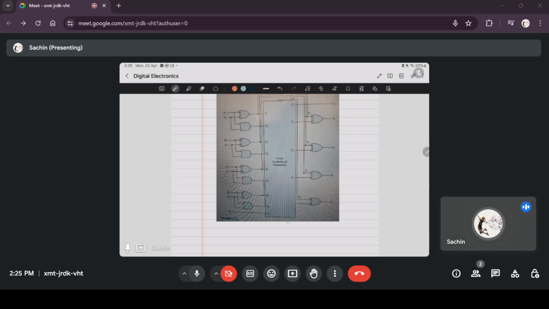The next part is the carry look ahead generator, which generates C1, C2, C3, C4 using P0 to P3, G0 to G3 and C0. Third is the parallel XOR stage, which generates the outputs S0 to S3.